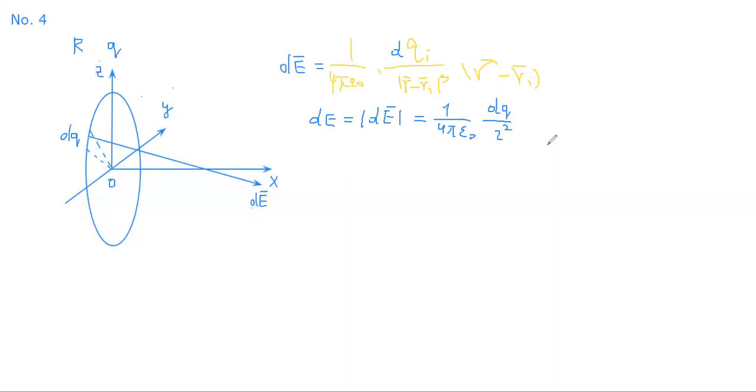And I have set r_i as 0. So we can use this formula.